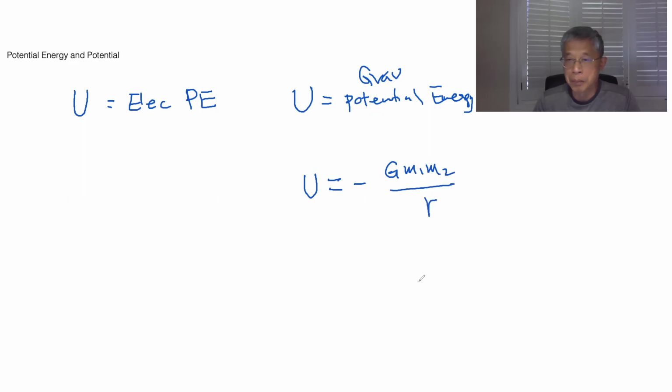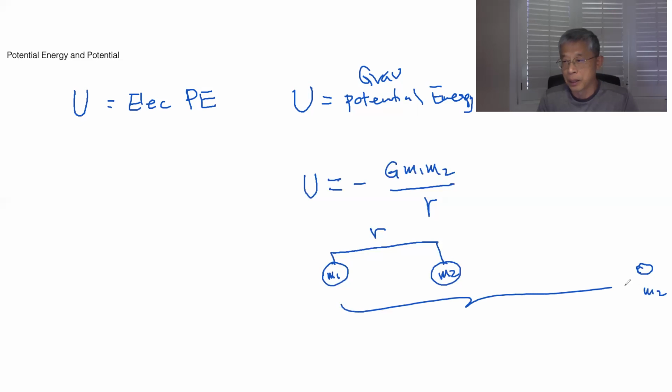So what does that mean? It means that if I have one mass M1 and another mass M2, the potential energy that they have is actually negative, and this is R. When they are at infinity, when M2 is going to infinity, R is equal to infinity. And that's when the potential energy is approaching zero, okay?